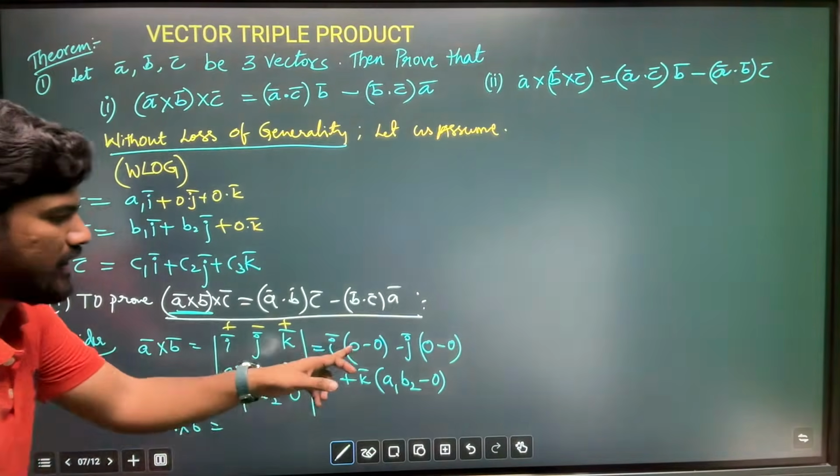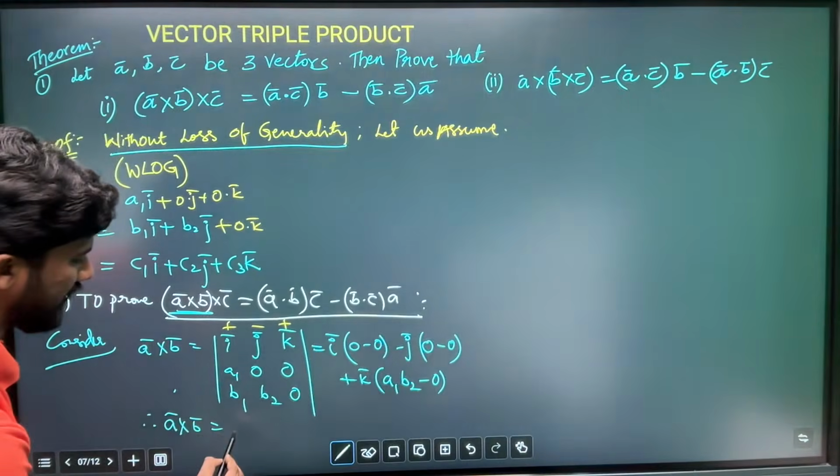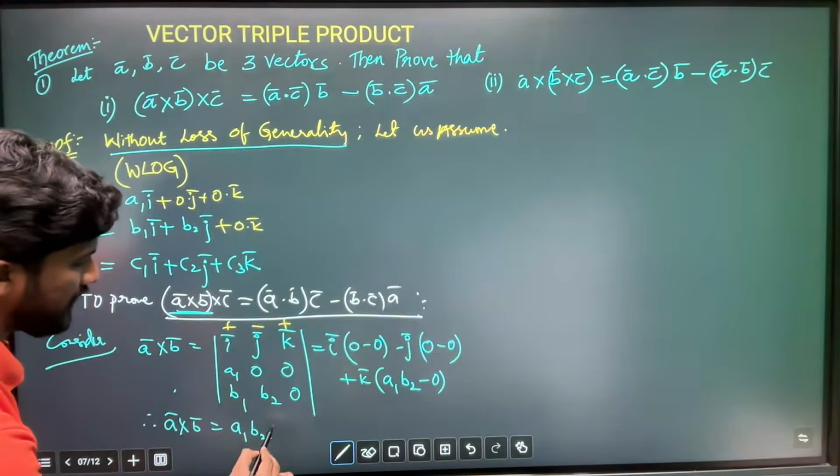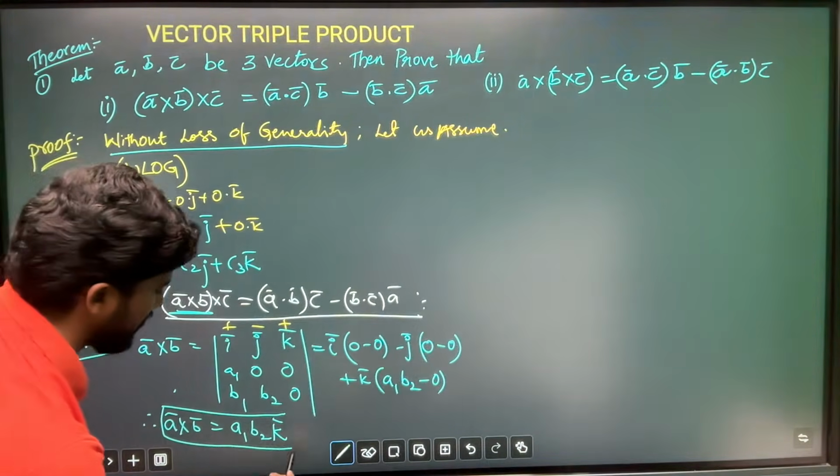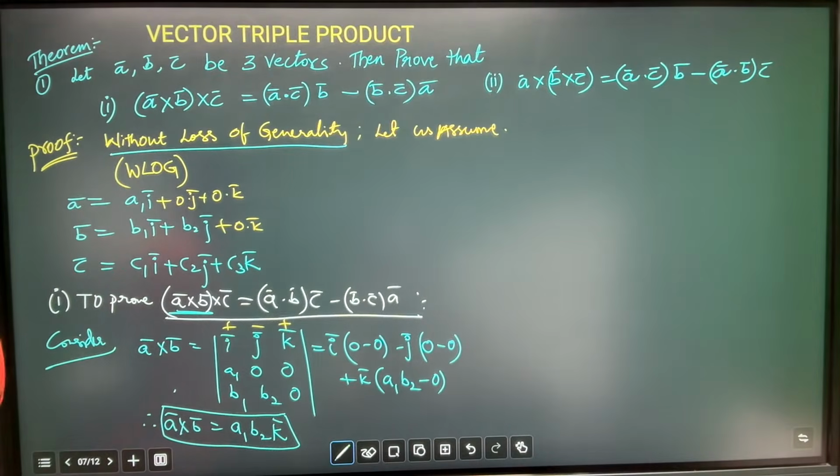A bar cross b bar is equal to 0 and K, that is, a1 b2 K bar. A bar cross B bar is equal to A1 B2 K bar.